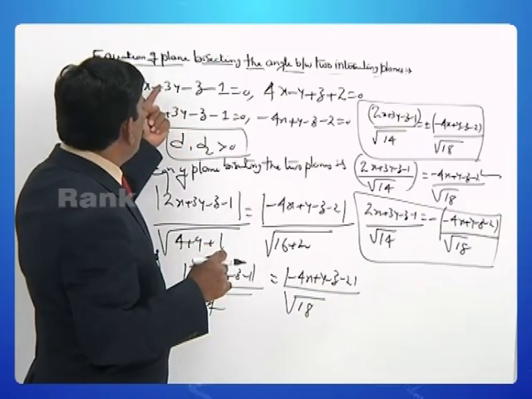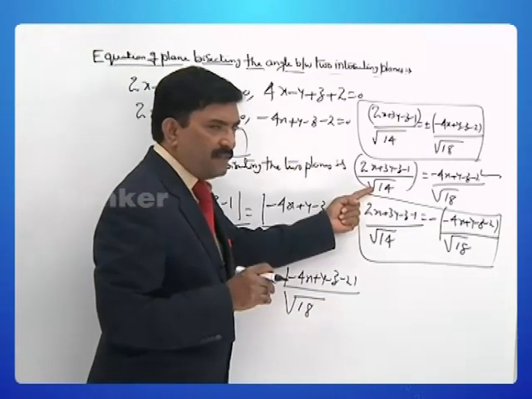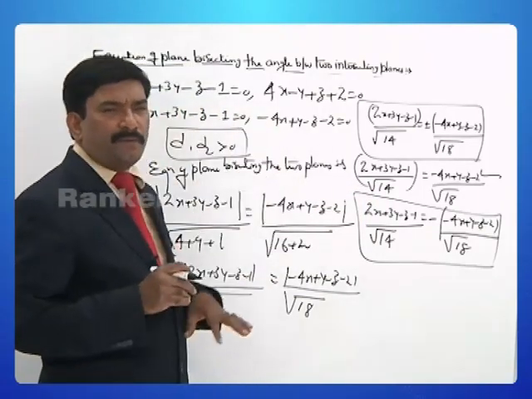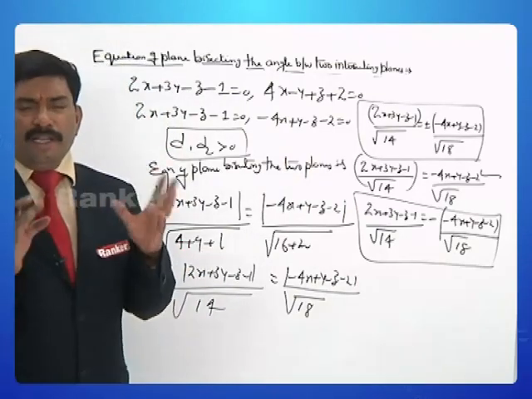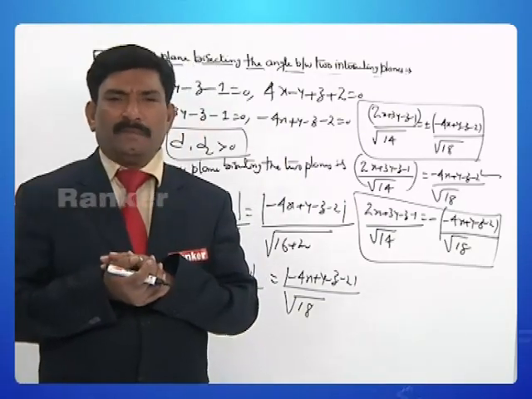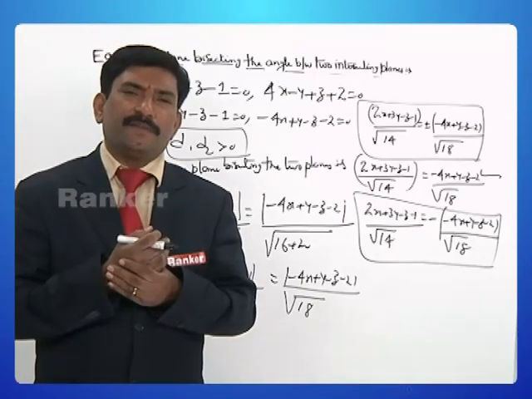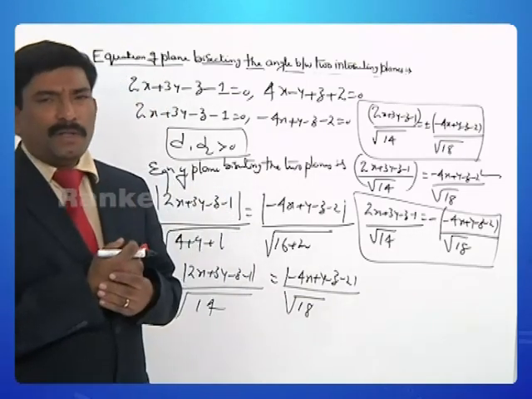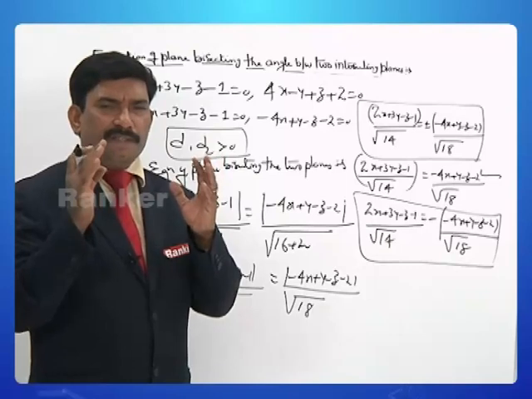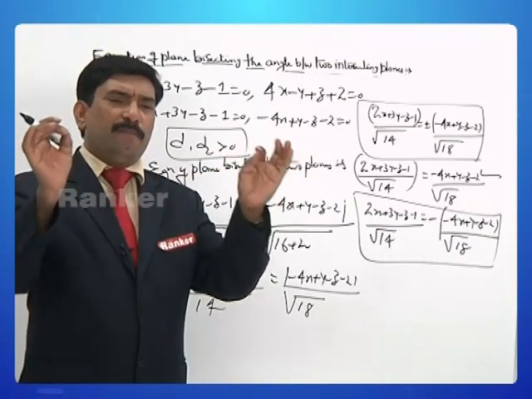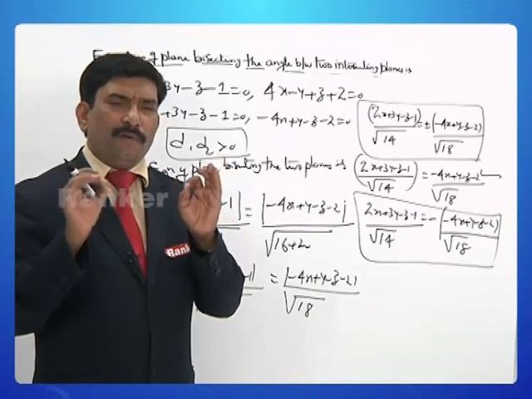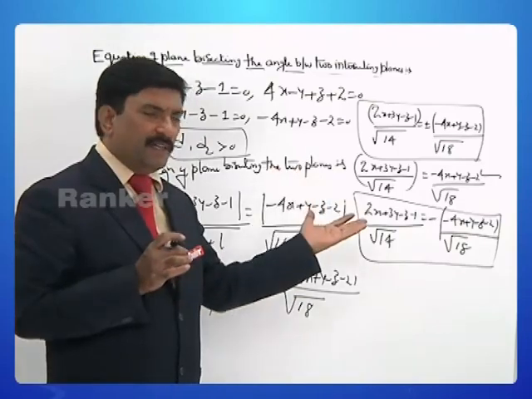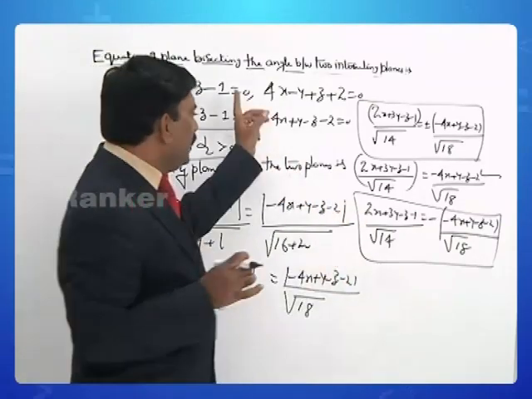Now, what I do is take one given plane and one bisecting plane, and apply the angle between the two. If tan theta is less than 1, then theta is less than 45. So the context says to apply the angle between one of the given planes and whichever bisector you get, any one bisector.